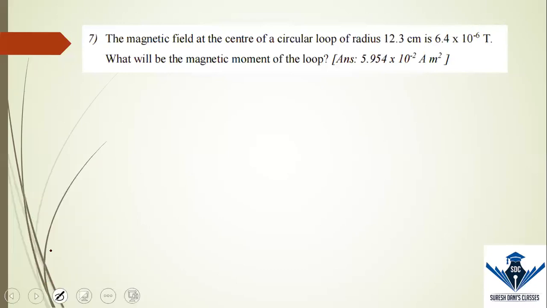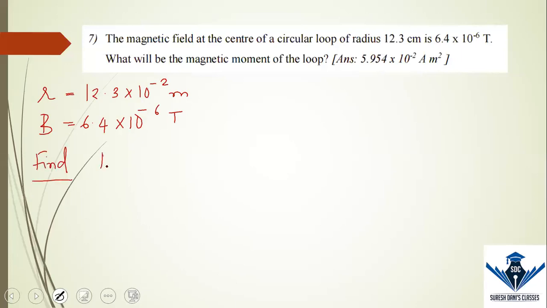Data: radius, and they have also given us the magnetic field, 6.4 into 10 to the power minus 6 Tesla. Find the magnetic moment. Please try on your own for 1 minute and then we will discuss the answer.